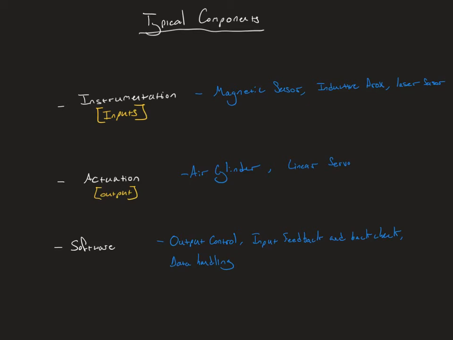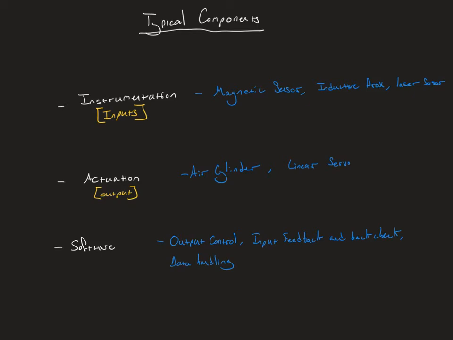Then there's also back checking. So not only will we detect that the air cylinder has moved to the intended location, but there should also be a sensor for the location prior to commanding the cylinder to move. And we would want to see that sensor no longer say that the cylinder was present.